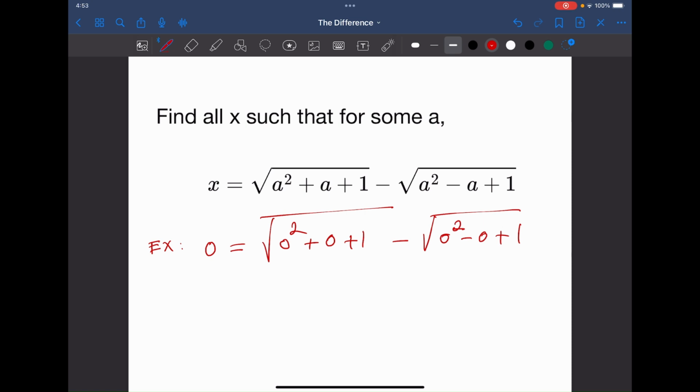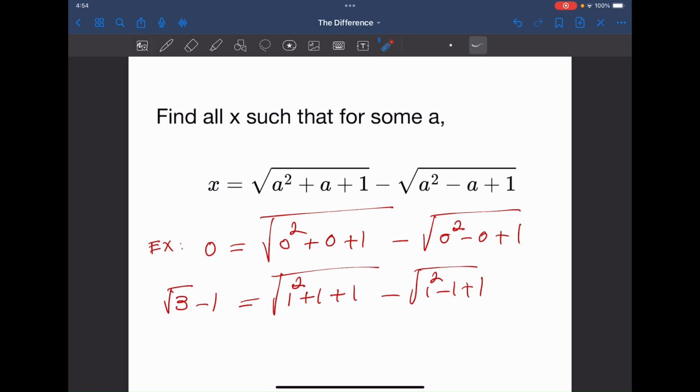And also root of 3 minus 1 is equal to root of 1 plus 1 plus 1 minus root of 1 minus 1 plus 1. So these two values here, 0 and root 3 minus 1, are representable in this form.